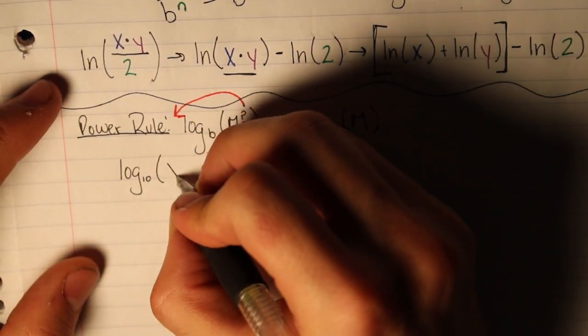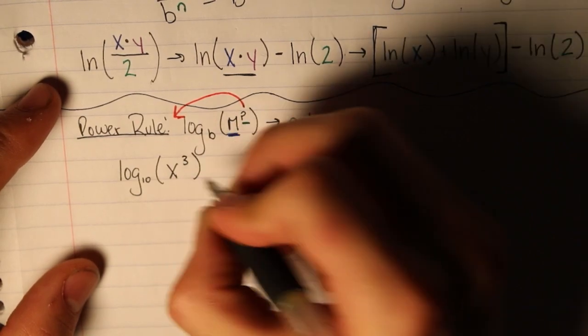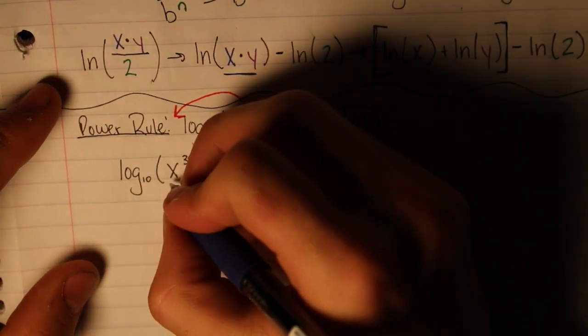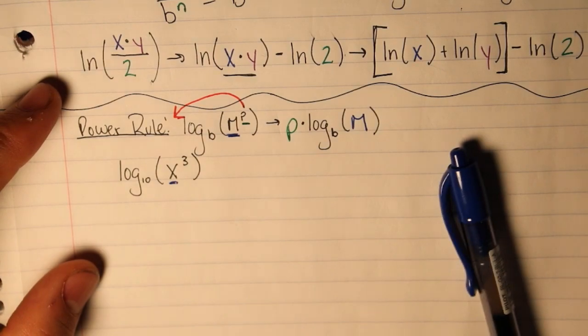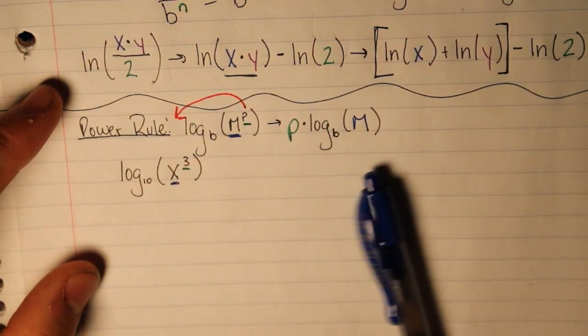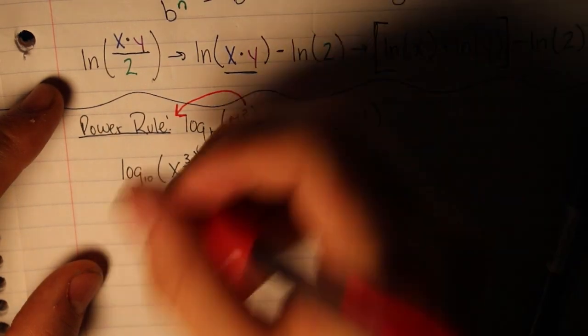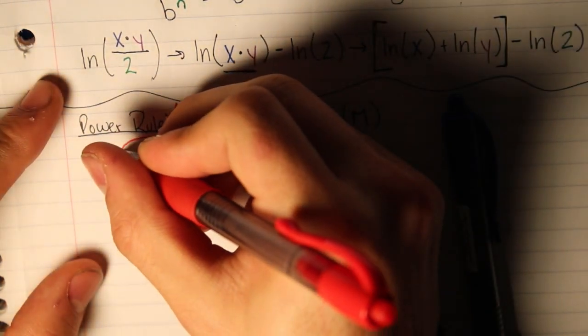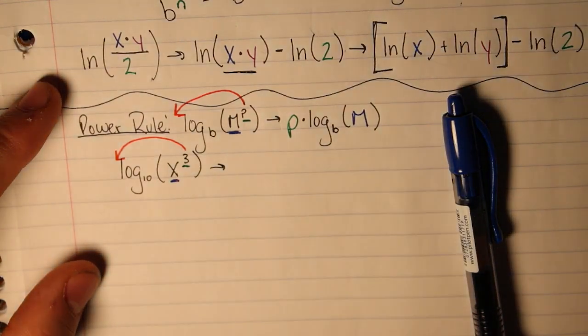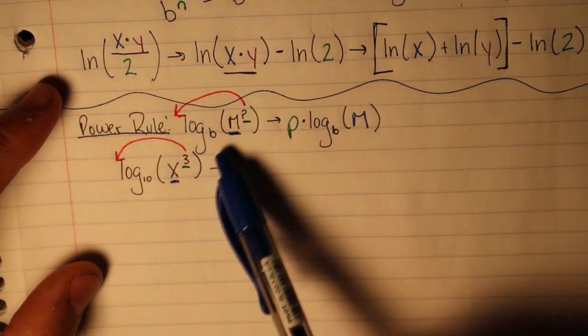Let's do x cubed, where x is blue and 3 is green. When we expand this, we would take our 3 and put it into the front of the equation, just like what the rule says.